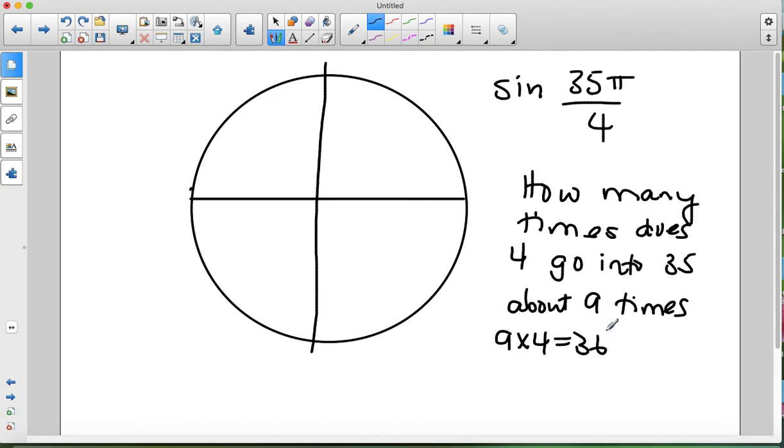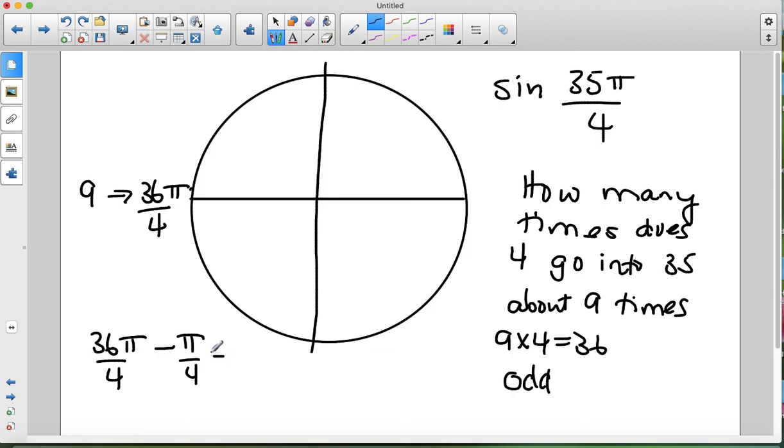So if I think about it, 9 is an odd number. Odd, so where would that be? The 9 would be here because odds are on the left. So that means this would have been 36 pi over 4. But I don't want 36 pi over 4, I want 1 less. So you must subtract a pi over 4 to get to 35 pi over 4.